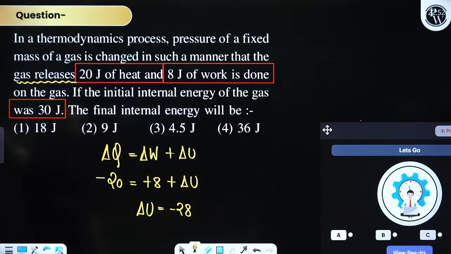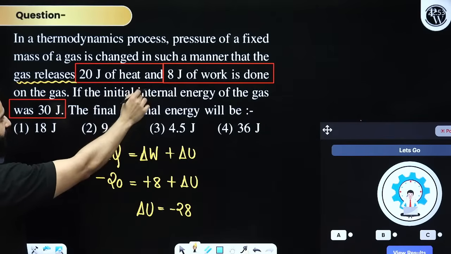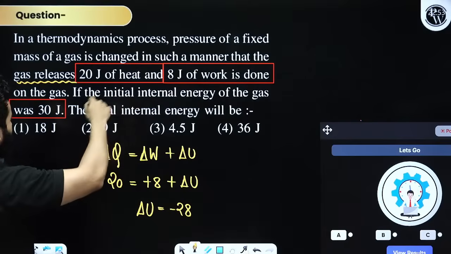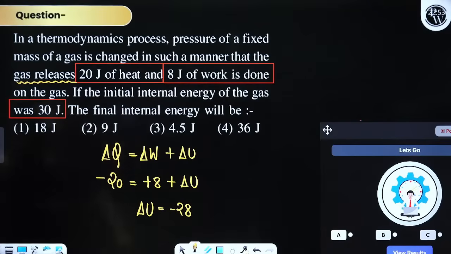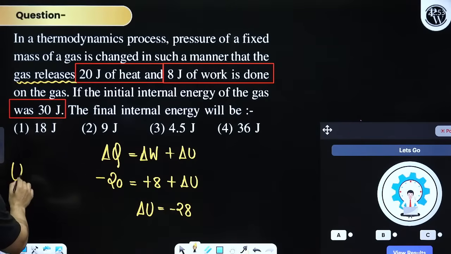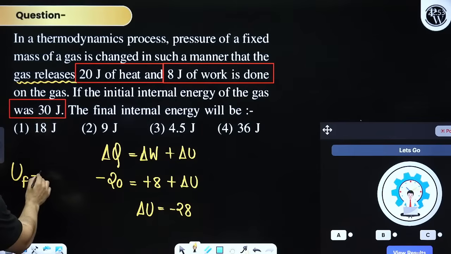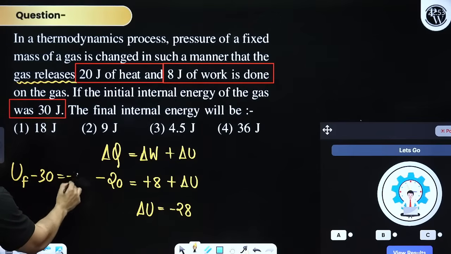Final internal energy, initial was 30. Come on, quickly write down in the chat box. It is releasing, we are not giving heat, and work is done on the gas. So delta U will be final minus initial, minus 30, and this will be minus 28.